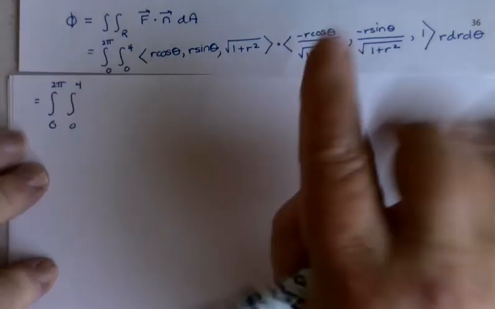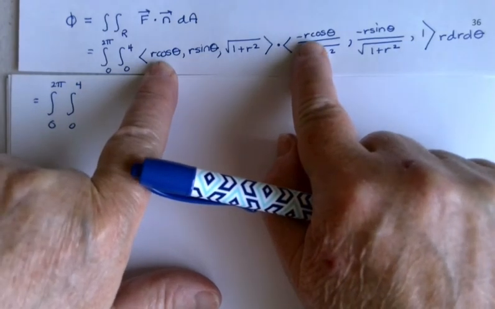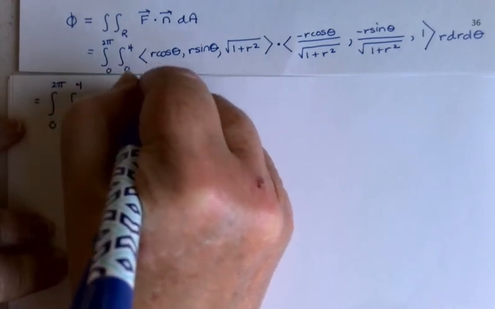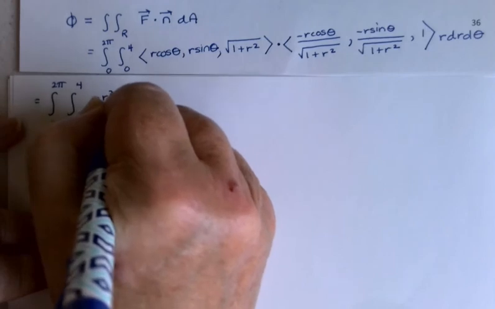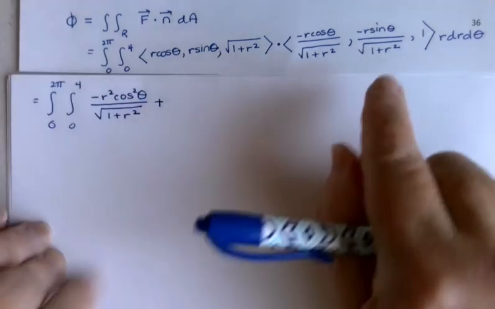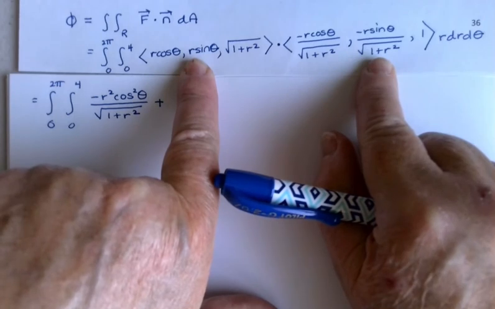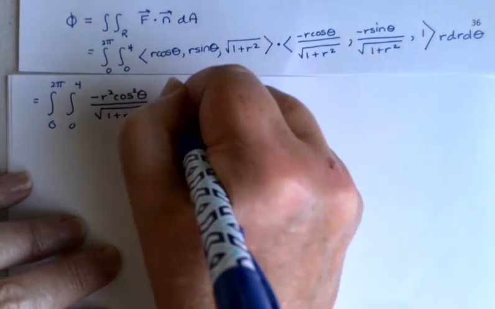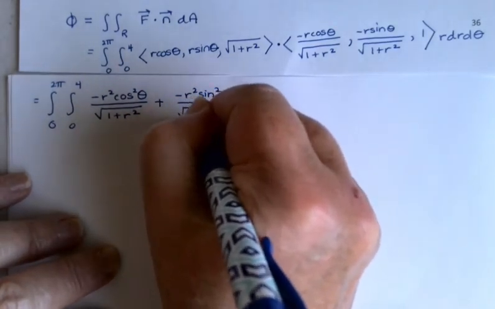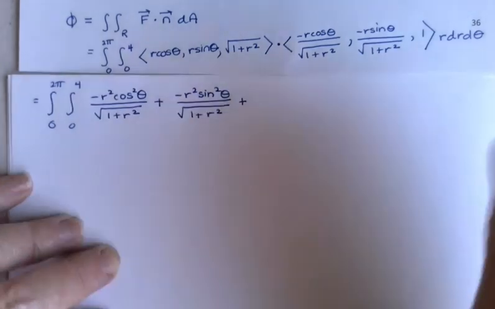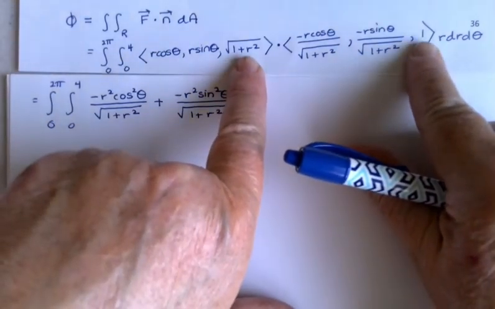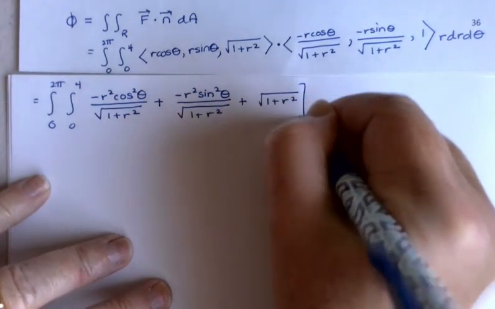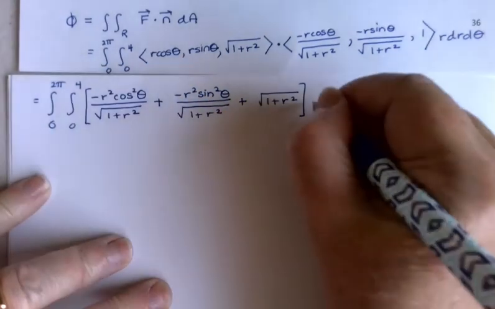And doing my dot product, this is going to give me a negative r squared cos squared theta over the square root of 1 plus r squared, plus, second terms, a negative r squared sine squared theta over the square root of 1 plus r squared, plus, here I'm going to have just the square root of 1 plus r squared. And that is all times r dr d theta.